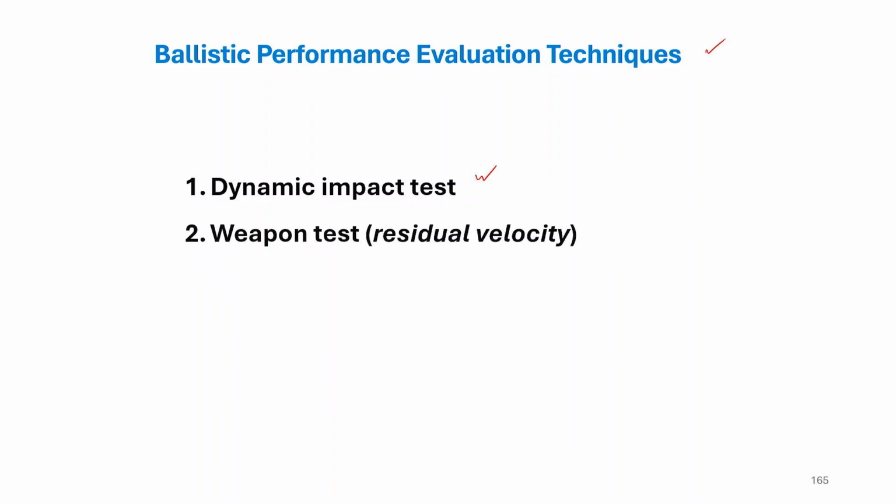Next is the weapon test. The weapon test is basically done to measure the residual velocity. The third one is the NIJ standard, where actual firing will be done strictly as per the standard, where the type of bullets, the distance, and the speed are specified.